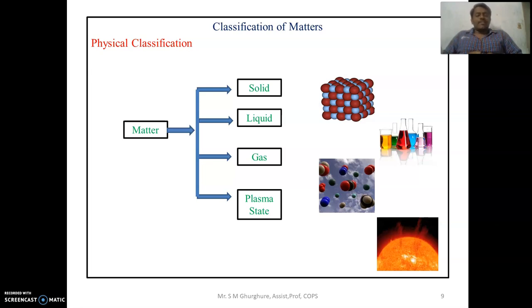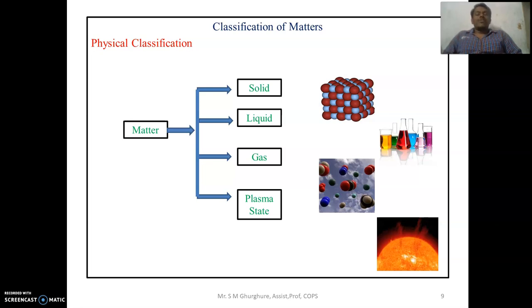The solid molecules vibrate in their positions only, because the intermolecular force of attraction in solids is stronger as compared to the liquid and gaseous states of matter.